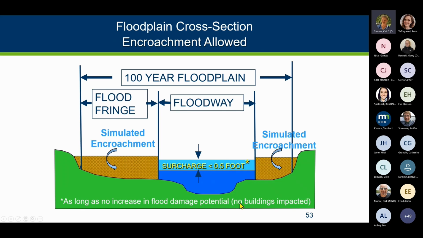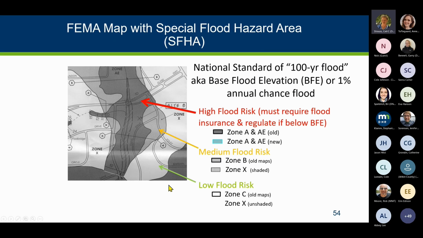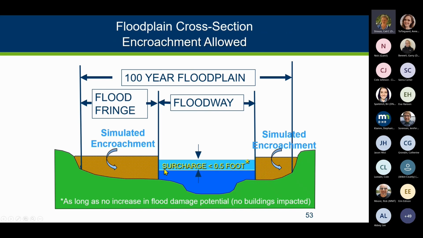So if there's existing buildings already that are right next to the floodplain, you can't cause any rise when you're doing this modeling. You could only fill in areas where it's not affecting the flows through the system. So when they do this modeling, I should mention that sometimes there's a little bit of adjustment.